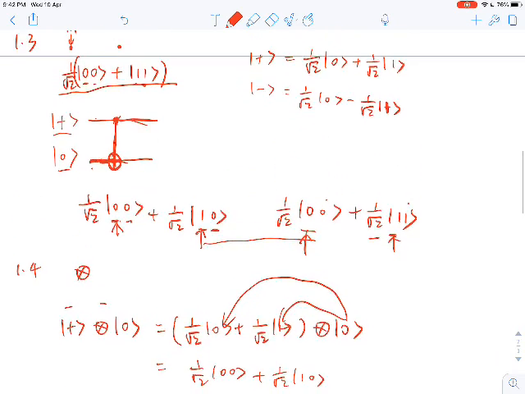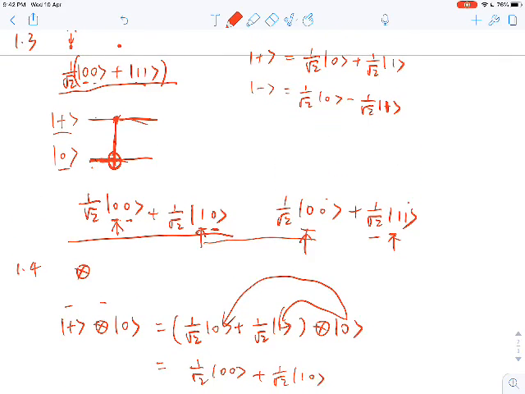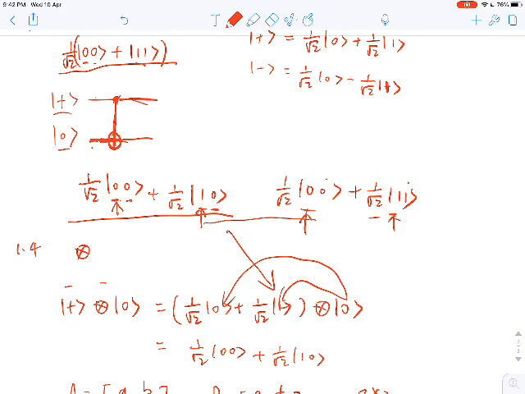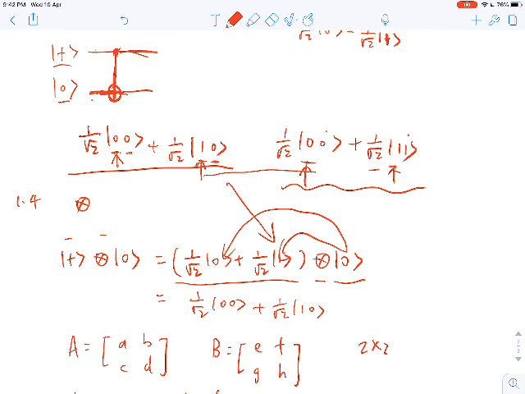Just like this state can be written in this form, the tensor of these two parts, but for this part we will never write it as the tensor of two parts.